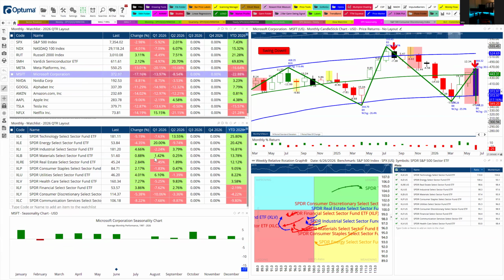Microsoft looks rough. See, July is flat. This thing is toast, I will tell you that. Getting hit hard with sell signals like crazy.